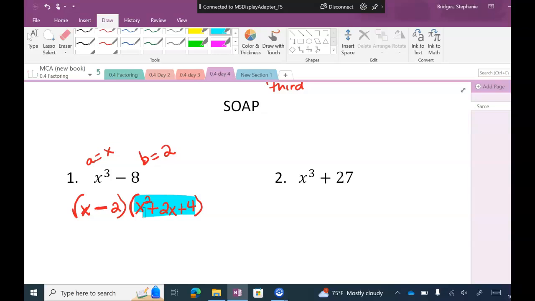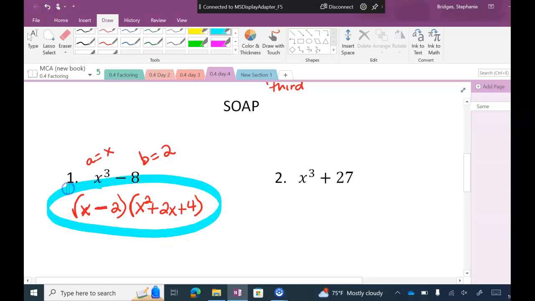It is 2 terms, which means we can only factor if they're both perfect squares still or both perfect cubes. Is x a perfect square or a perfect cube? No. So then therefore I cannot factor this any further, which means my answer is just this right here. If any of this continues to factor, it will only be the first parenthesis. The second parenthesis will never break down any further.